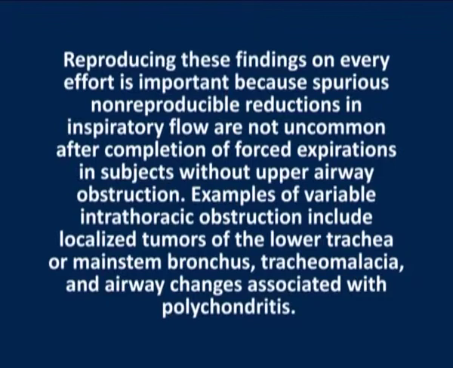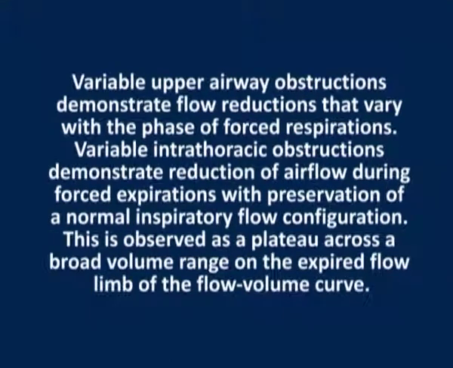Examples of variable intrathoracic obstruction include localized tumors of the lower trachea or mainstem bronchus, tracheomalacia, and airway changes associated with polychondritis. Variable upper airway obstructions demonstrate flow reductions that vary with the phase of forced respirations. Variable intrathoracic obstructions demonstrate reduction of airflow during forced expiration with preservation of a normal inspiratory flow configuration.